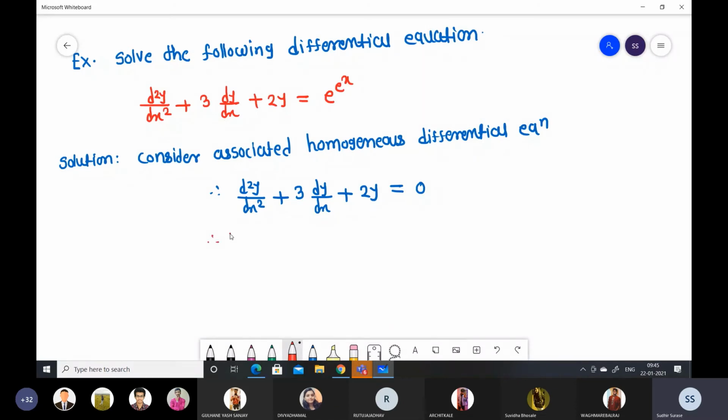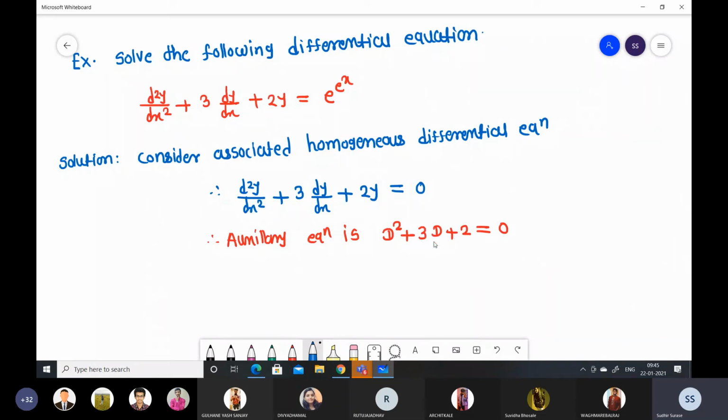Therefore the auxiliary equation will be d square plus 3 times d plus 2 is equal to 0, and we are interested in finding the roots. Okay, so choice is here. You can use the factorization method or any other method that you know. Here I'll give preference to factorization.